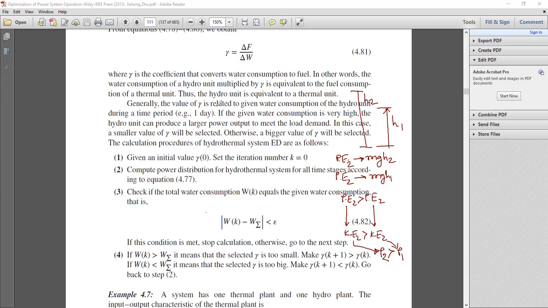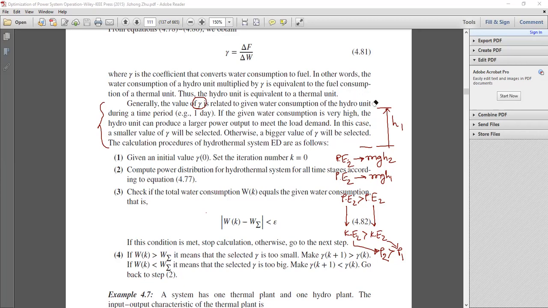The value of gamma, that is the conversion factor, is one of the unknown variables in this case. This paragraph is discussing how we will continue our solution for unknown values of gamma, where the gamma value has to be updated throughout the algorithm.